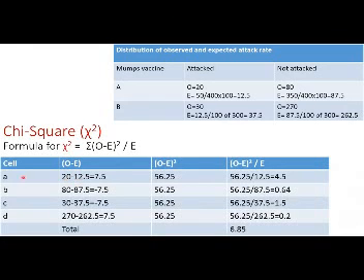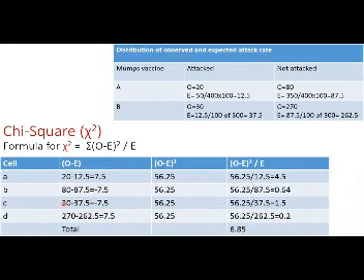Now, for cell A, observed is 20, expected is 12.5. 20 minus 12.5 is 7.5. For cell B, observed is 80, expected is 87.5. 80 minus 87.5 is minus 7.5.